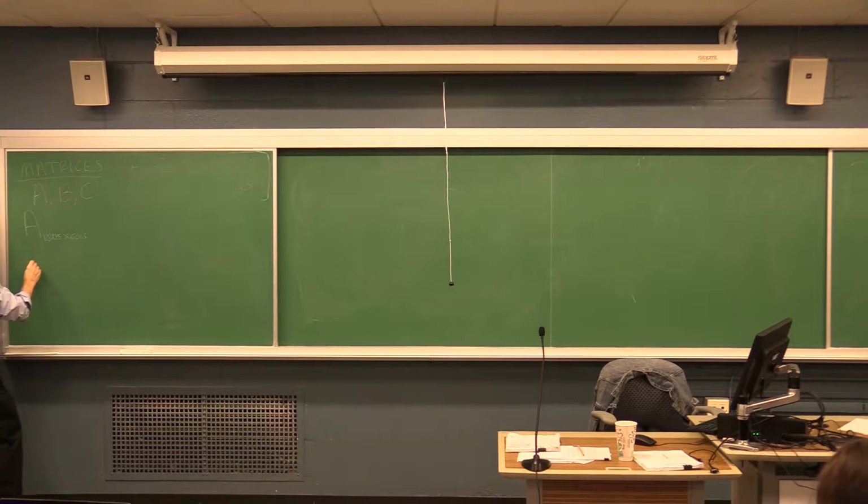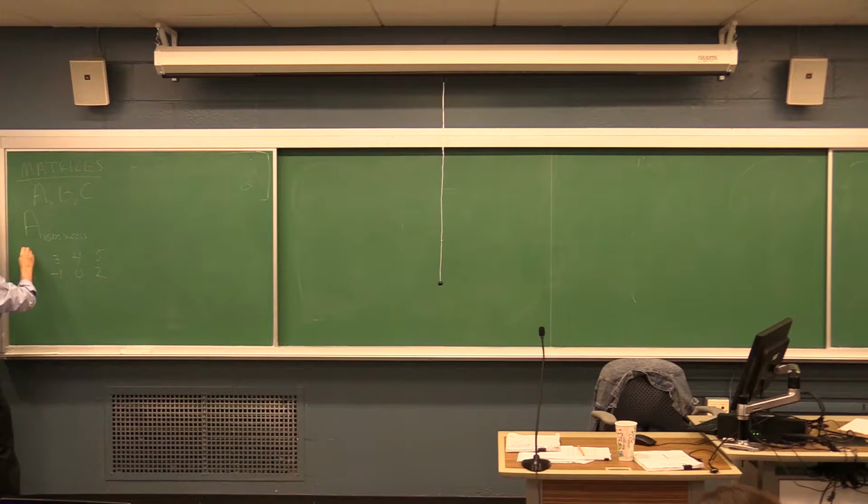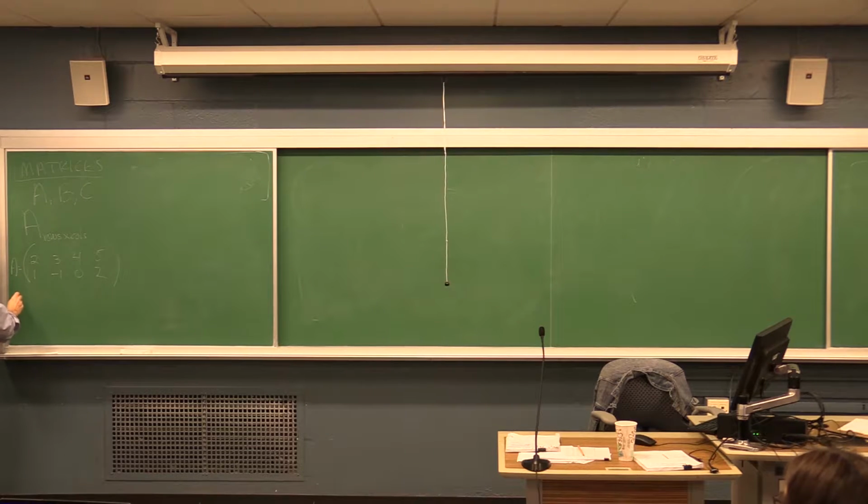So if you have something like this, 2, 3, 4, 5, 1, negative 1, 0, 2, we use notation like that. So there are 2 rows. If I use A equals, A is 2 by 4: 2 rows by 4 columns. All right?